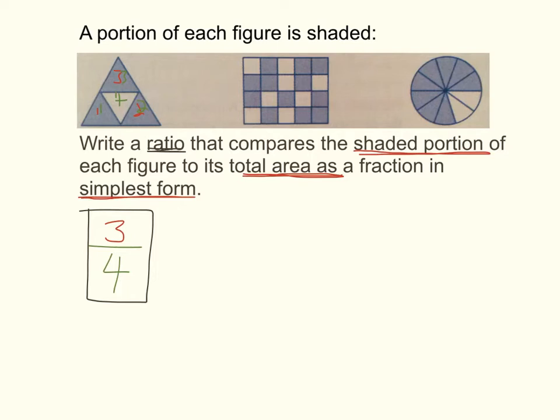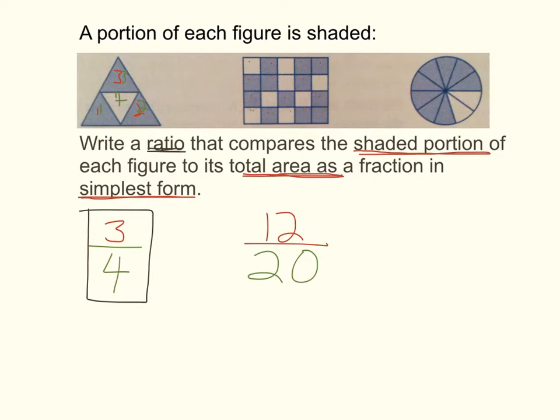For the rectangle in the middle, we have 1, 2, 3, 4, 5, 6, 7, 8, 9, 10, 11, 12 shaded areas. And we have 1, 2, 3, 4 by 1, 2, 3, 4, 5 is 20 total areas.